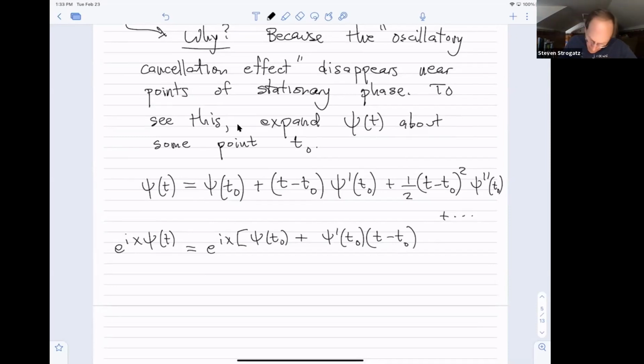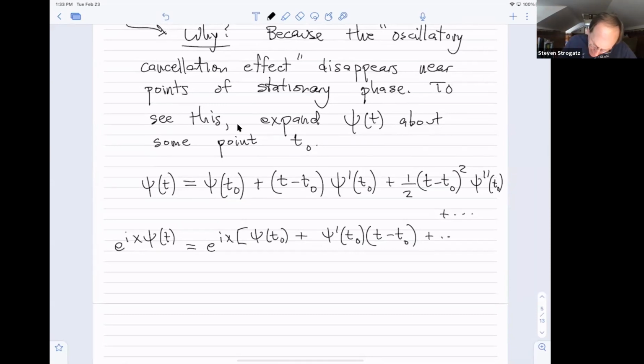And let me not write the quadratic term right now because to make this point, I don't need it. What I want you to notice is that in that expression, psi prime of t0 is just a number, right? It's just a constant. It's whatever the derivative of psi is at this point t0.